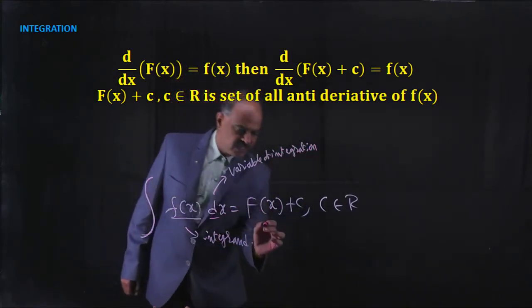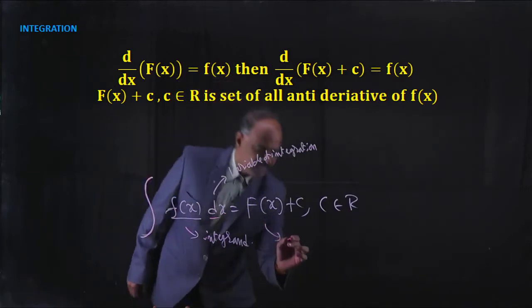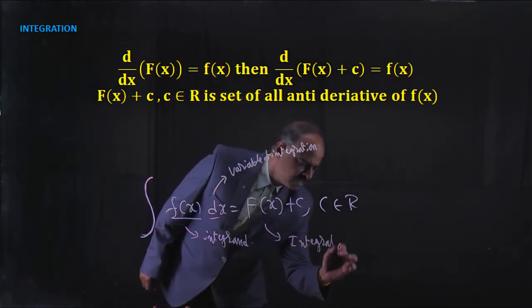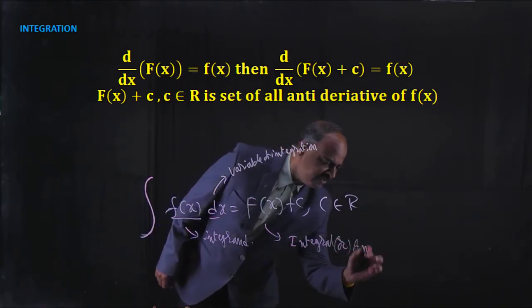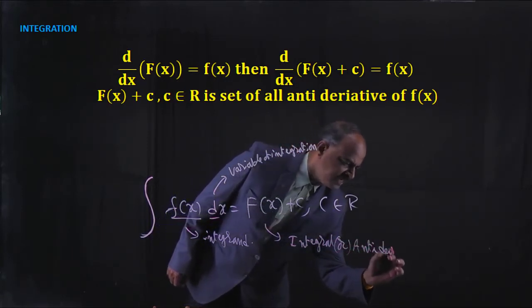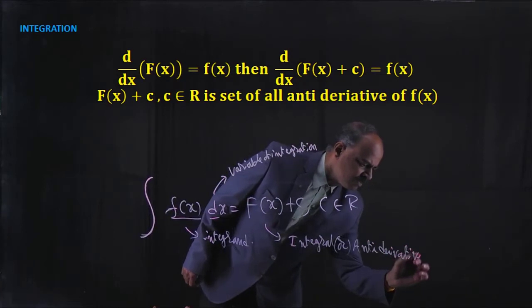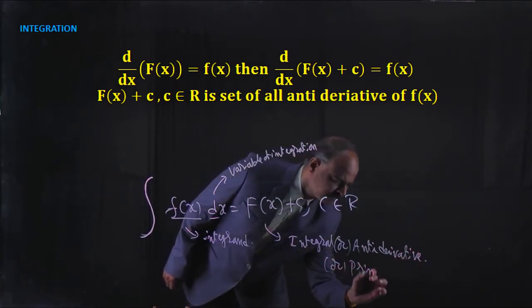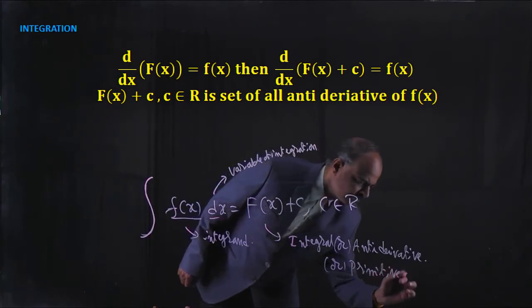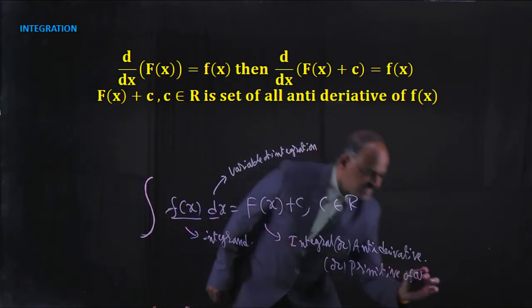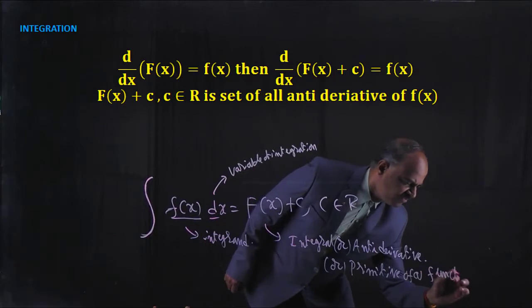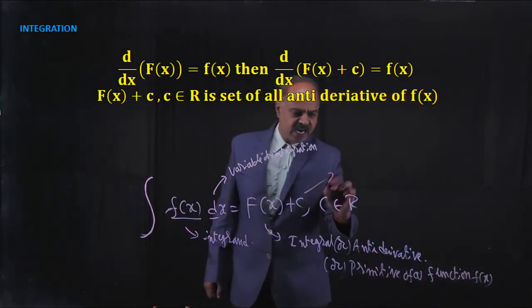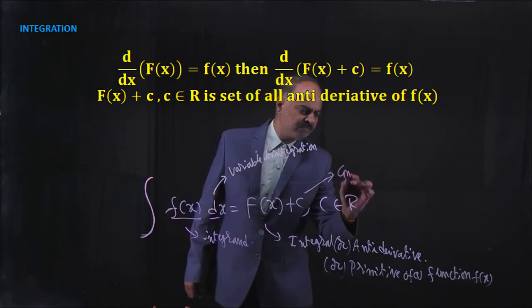So here capital F of x is the integral or antiderivative or primitive of the function f of x, and c is the constant of integration.